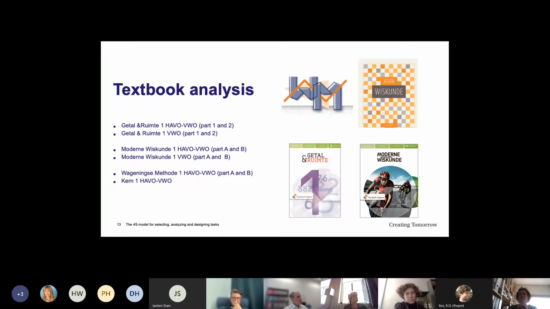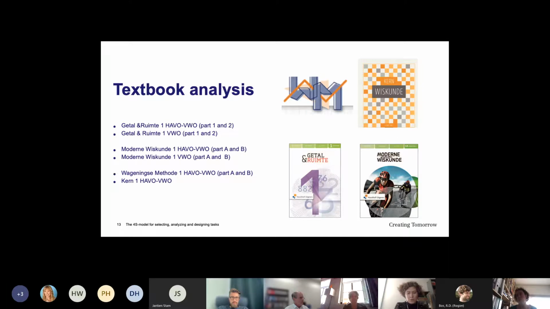I'm going to show you now some examples from a textbook analysis I did myself with Dutch textbooks. The examples I'm going to show you in this part are not translated, so they are in Dutch, but in the second part of my talk I'm showing some examples that have been translated. I have analyzed several books for 12, 13-year-old pupils.